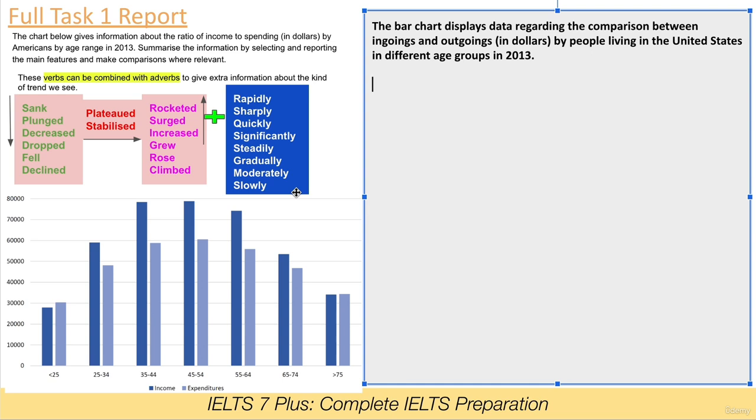I think that's good. Okay, let's now go into our overview, and we can start by saying something like at first glance. That's quite a nice way, or on the whole, in general.